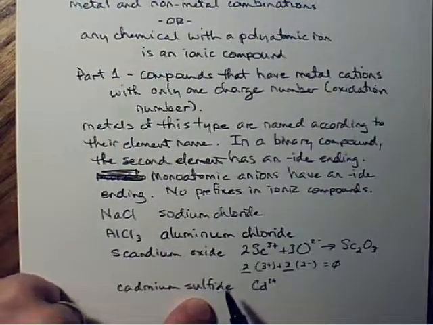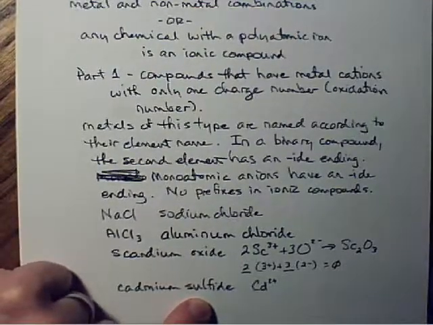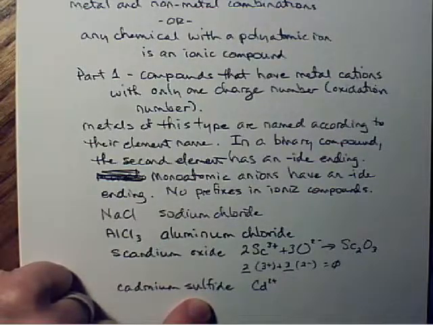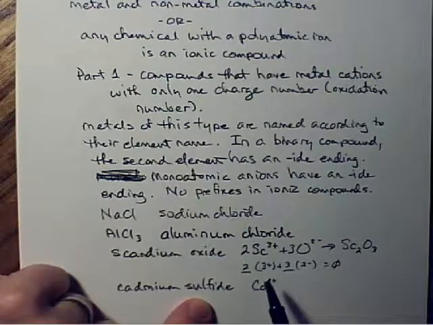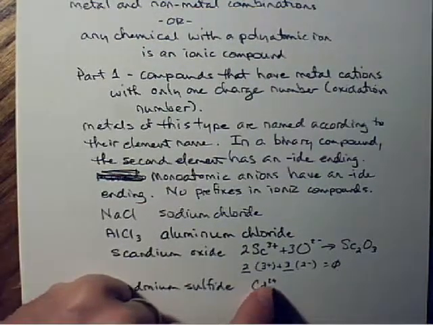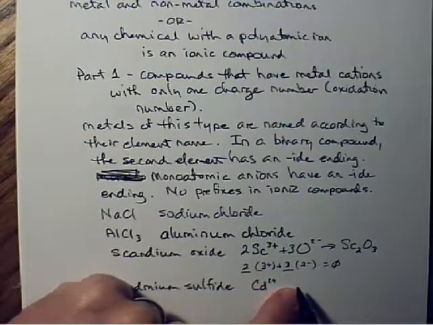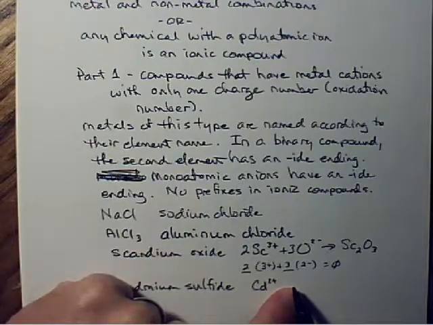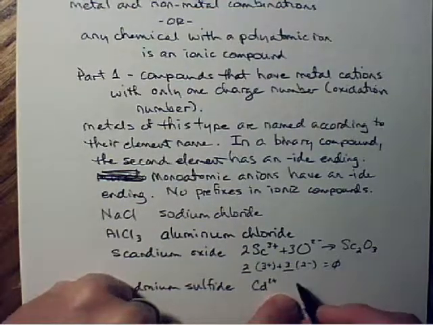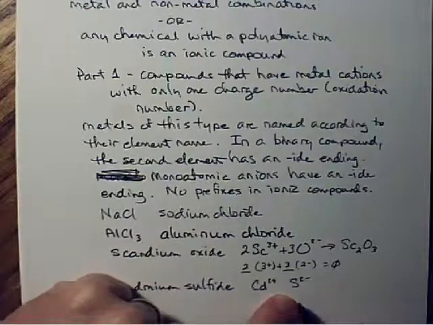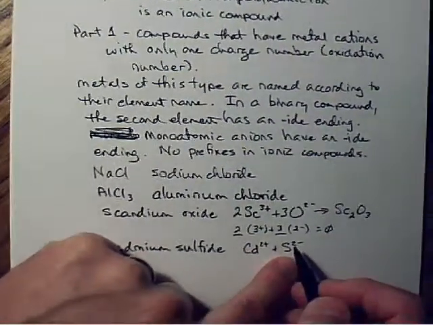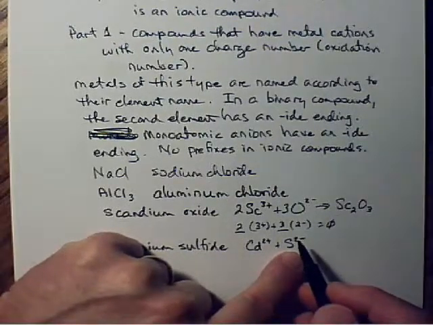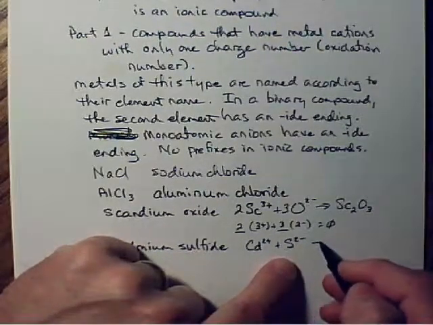Sulfide, elements in column 6A, have a 2 negative charge in a binary compound. Also, since cadmium has a positive charge, I have to have a negative charge on the sulfur, and the only available negative charge on the sulfur is 2 negative anyway. So we're going to have sulfur 2 negative. Well, that 2+ charge and that 2 negative charge cancels each other out. So that's a neutral compound. I just have one of each.